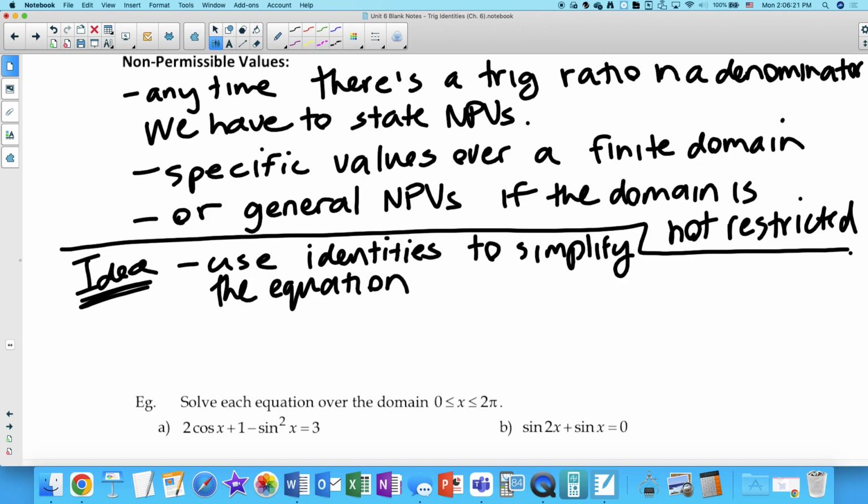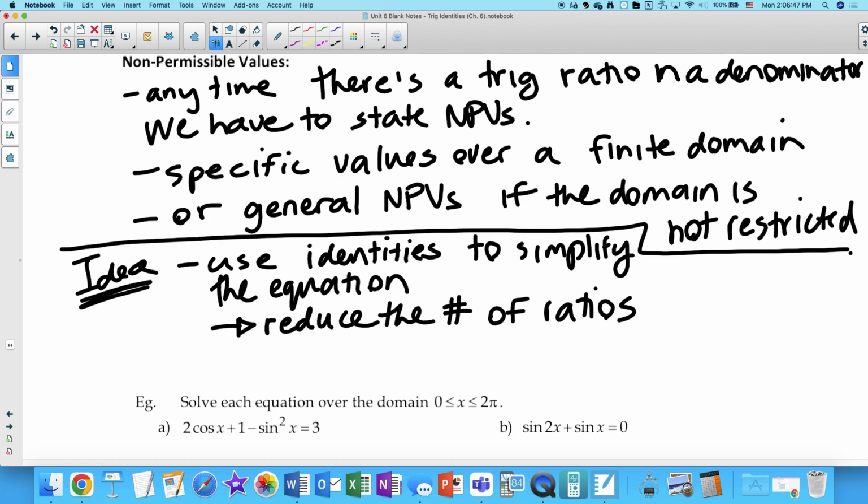So for example, if we see a cos squared theta in there and everything else is in sine, we can replace cos squared theta with 1 minus sine squared theta. Now the entire equation is only using the sine ratio. That sort of idea. Okay, so we can reduce the number of ratios. That's one thing that we can do. We can also eliminate all of the double angles by using the double angle identities.